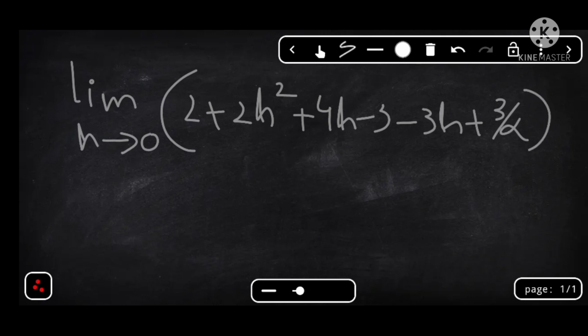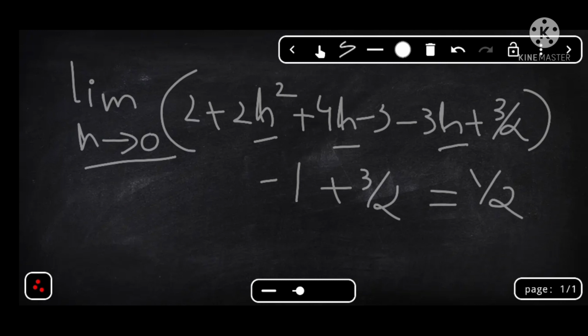When we substitute h as 0 in these places, the final value we obtain is 2 minus 3, which is minus 1, plus 3 by 2. The value was 1 by 2.